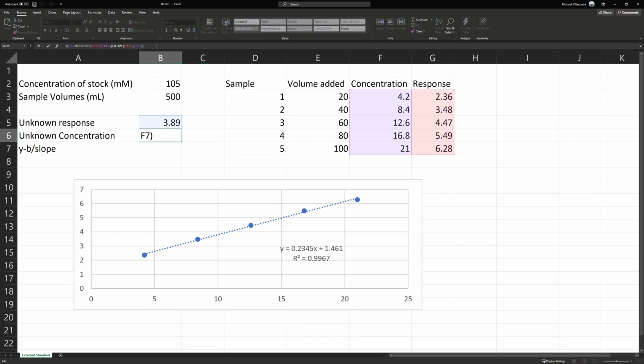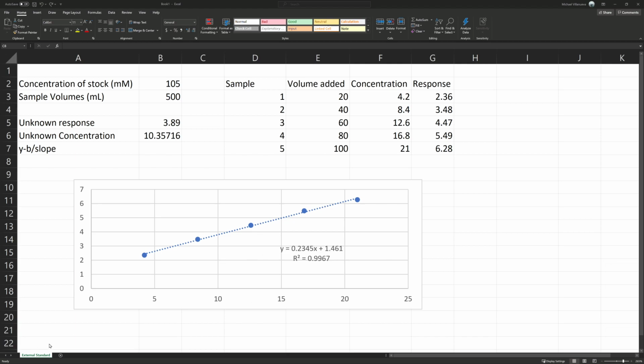Here is our value. We have B5, which is our y value, minus our y-intercept, divided by our slope. So this is actually a completed Excel sheet. You could use all these formulas to pretty much do any of the problems that we would talk about.